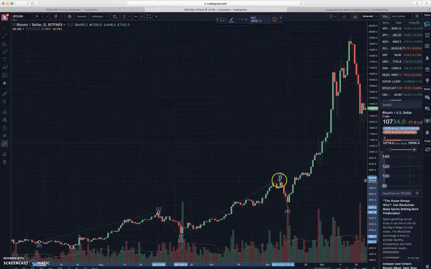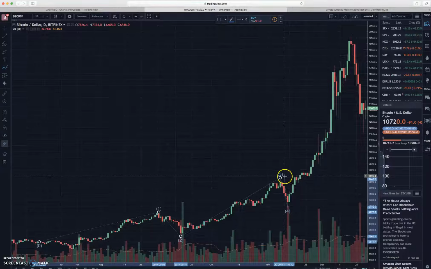So this is clearly a pretty large correction. If you bought in at the top of 3, then you're going to be in for a pretty long ride. You bought one Bitcoin at 7,800, and you're sitting at the bottom of this correction at 5,400. That's a 40% loss. So you've got to be really careful getting in on the top of a 3 wave.